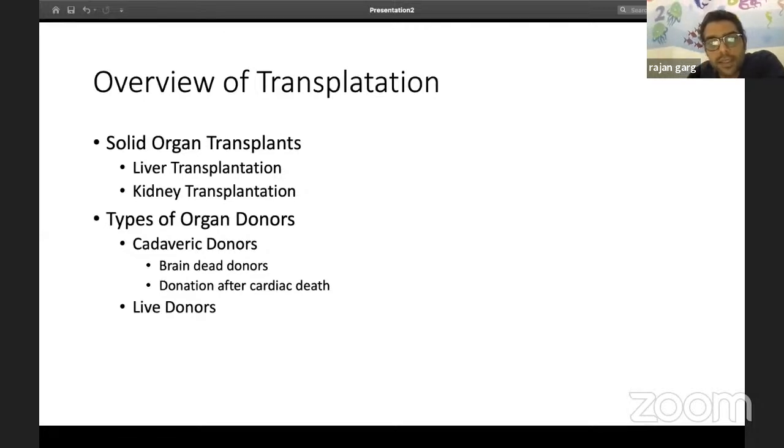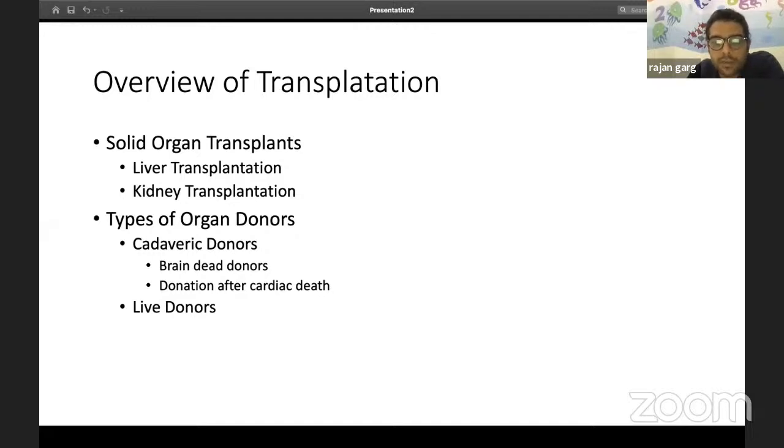Liver transplantation has various kinds of indications. We will go through the indications later on. And then there is kidney transplantation, when most of the patients get into a chronic renal kidney disease kind of a picture. Nephrologists always recommend that the patient should be sent to them as soon as they encounter any stage of chronic renal disease, be it stage 1 or stage 2.